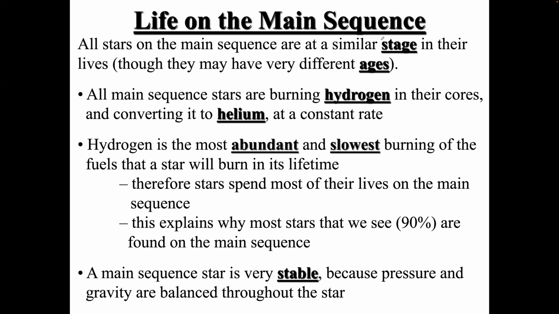Now, you know that hydrogen is the most abundant and the slowest burning of the fuels that a star burns in its lifetime. What they have mainly is hydrogen, because hydrogen is the main component that you see in the interstellar medium. The stars are made from these molecular clouds in the interstellar medium, but mostly what they have is hydrogen.